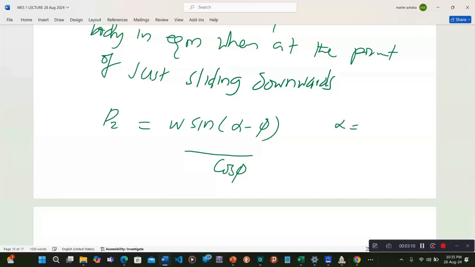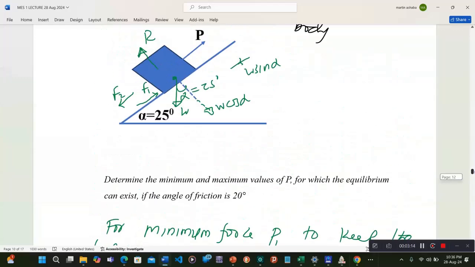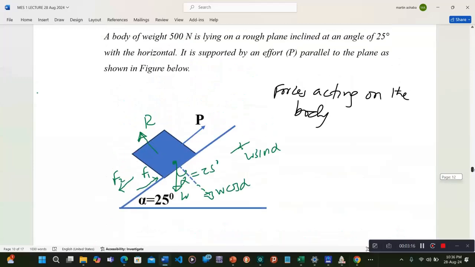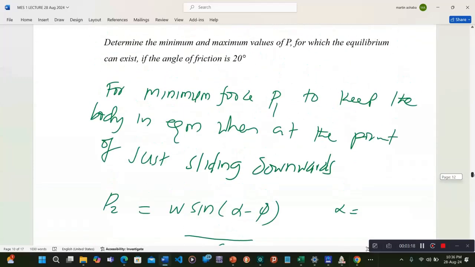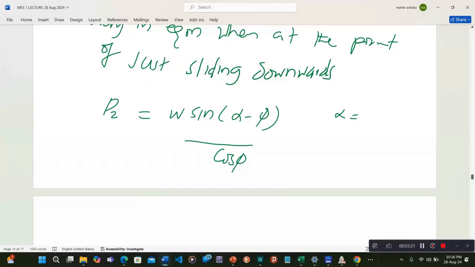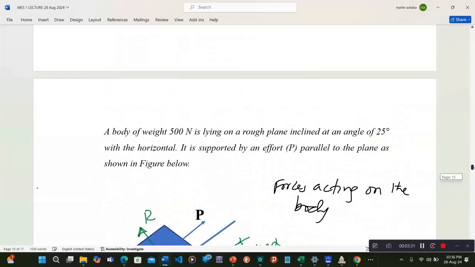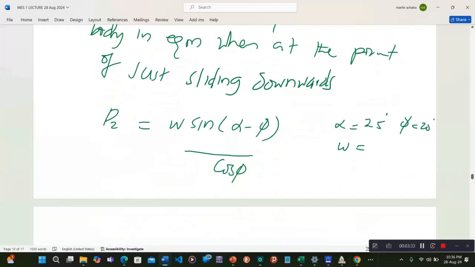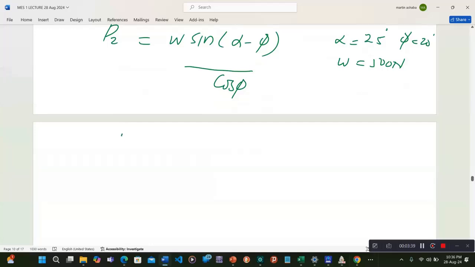Alpha is given according to this question. Alpha is 25, phi is 20 degrees. Weight is given also. Weight is 500 newtons. You just substitute in this expression and get your P2.